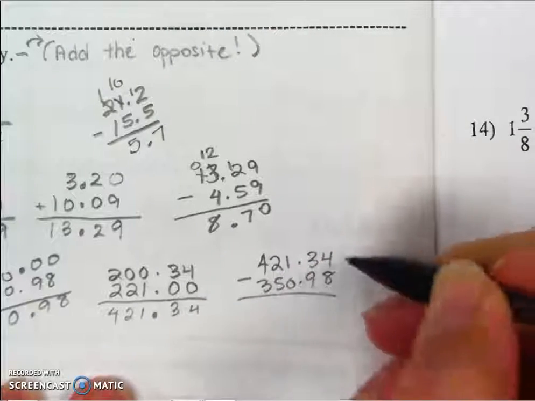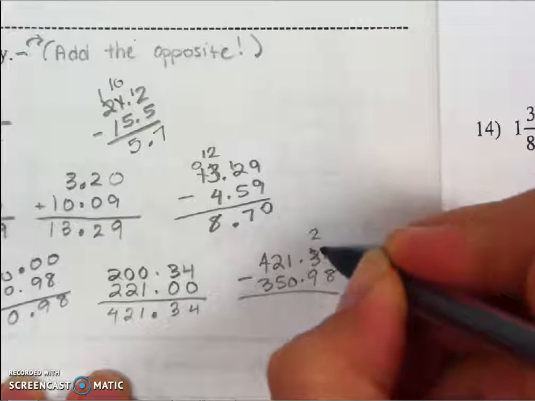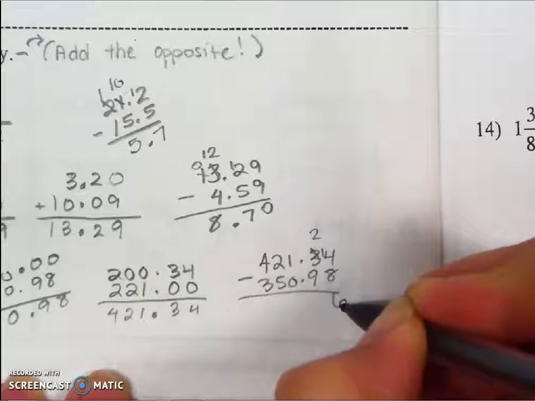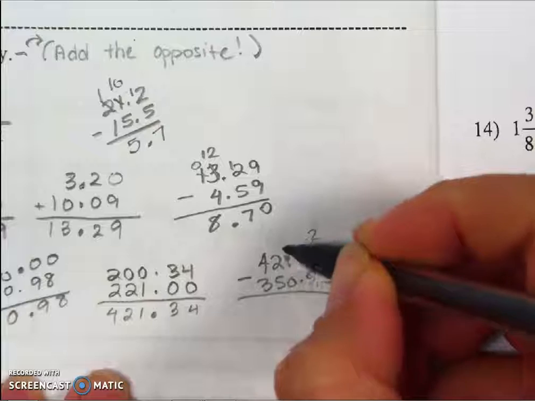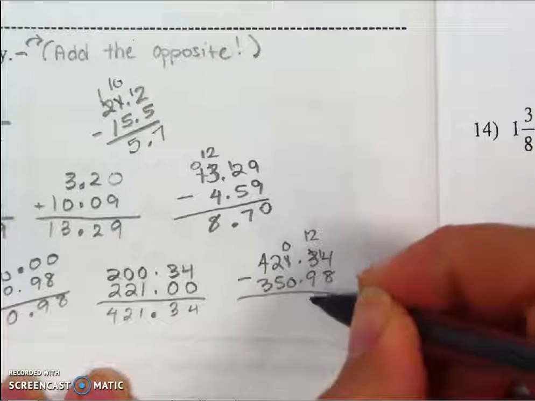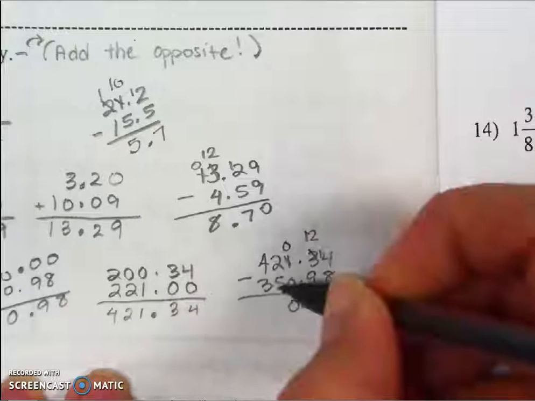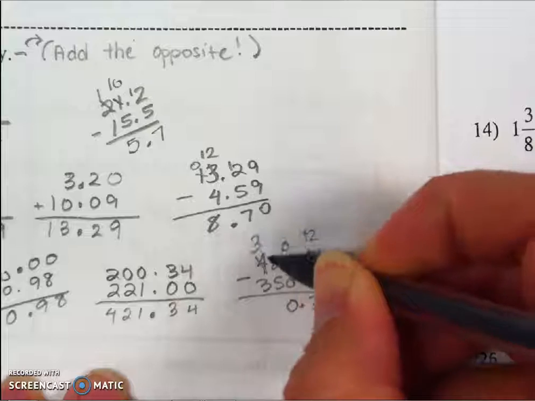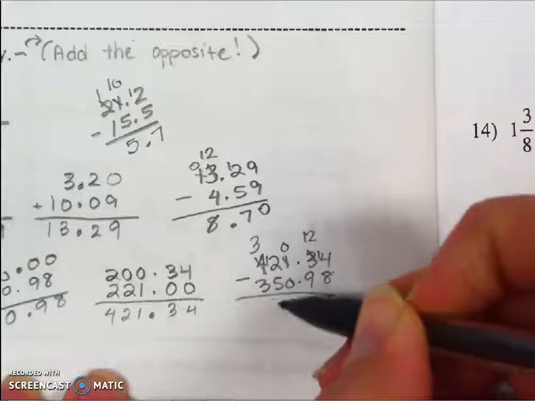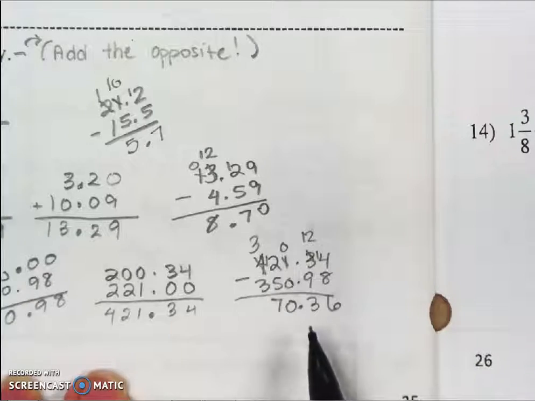Those were the negatives. All right, I can't take 8 from 4, so I need to borrow. Make that a 2. 14 minus 8 gives me 6. Can't take that away, so I borrow. Make that a 12. 12 minus 9 is 3. Bring down the decimal. Here we get 0. That's nice and easy, but here I've got to borrow again. And that's okay. 12 minus 5 is going to give me 7, and then we have nothing left there, so we get 70.36.